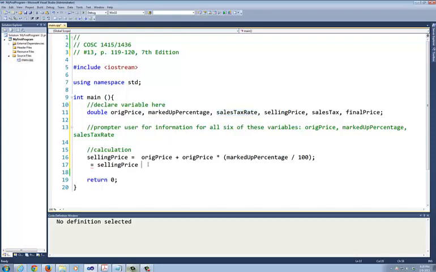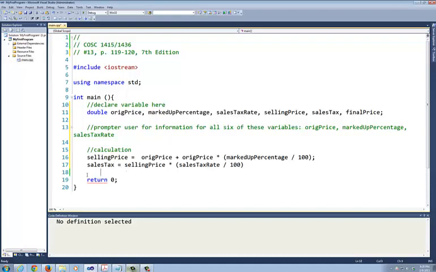So we take that and divide it by 100. That'll give me the percent. Put that in parentheses first, and then I have to multiply, so put an asterisk. All that is equal to my sales tax, which is this right here.